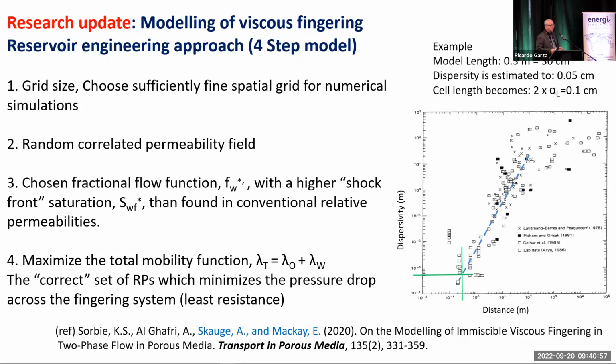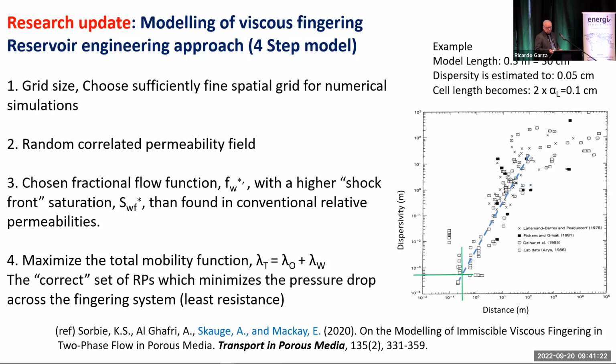That is the same as defining a least resistant pathway through the system. By this approach, in a simple way, it's non-unique, but you have a pretty good recipe in order to get viscous fingering in a good, reasonable way.